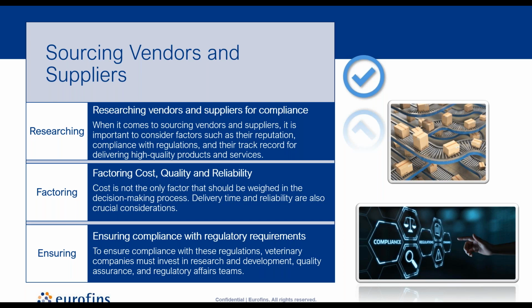If suppliers can't deliver on time, your business is going to potentially face delays or lost opportunities. Furthermore, delivery reliability is important because you need to be confident that your suppliers will deliver what you've ordered when you need it and in optimal condition.